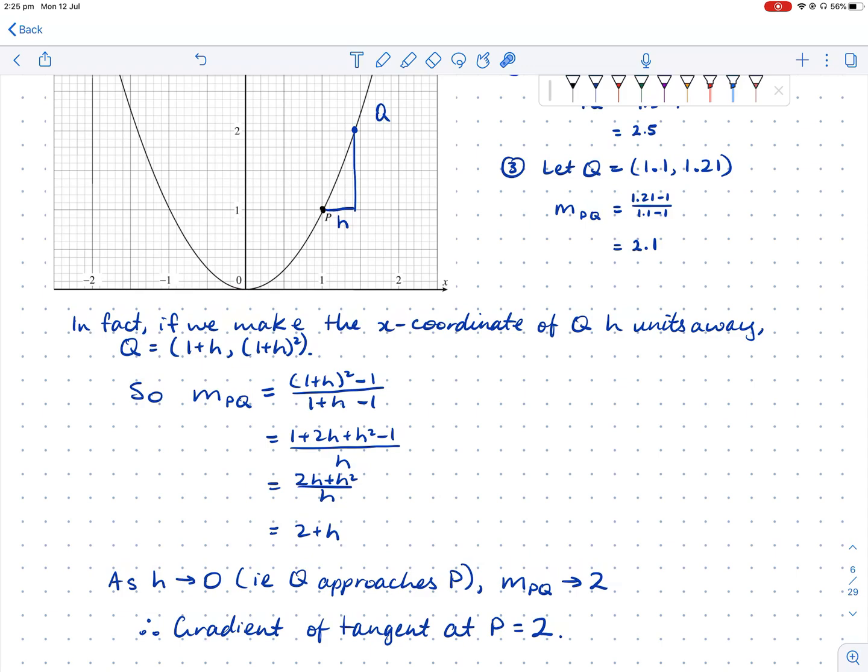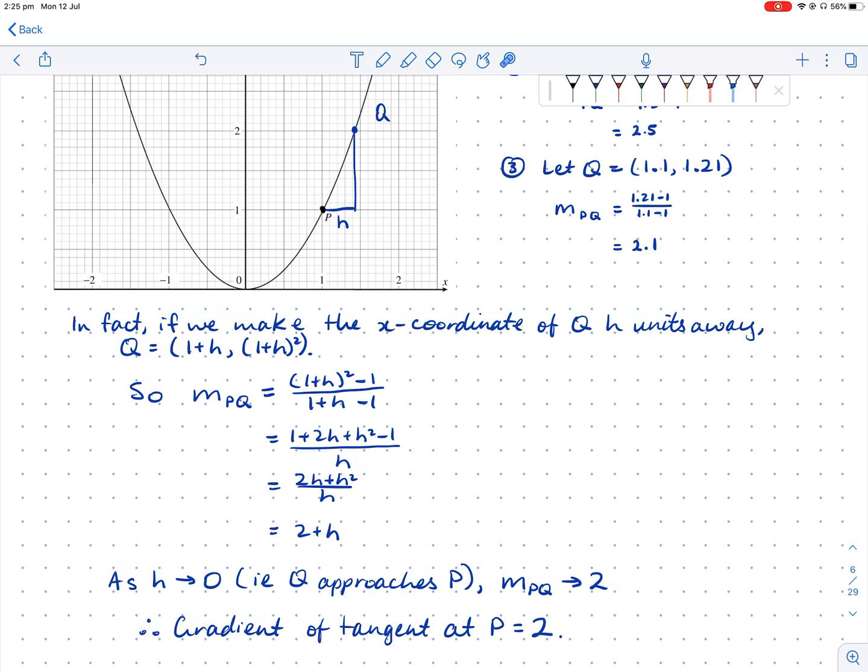Using the point P, which was (1, 1), and our new point Q, I can work out the gradient by doing y2 minus y1 over x2 minus x1. So there's y2 minus y1, which is (1 plus h) squared minus 1, because the y-coordinate at P is 1, over x2 minus 1 again, which is (1 plus h) minus 1. So that's what the gradient will look like.